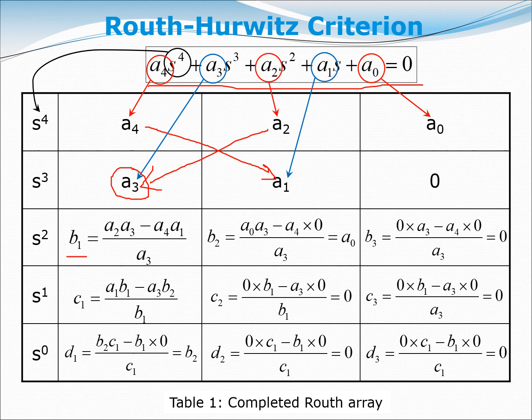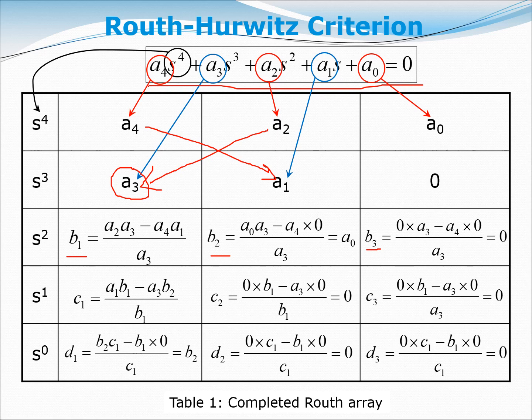Let's look at b2. For b2, a0 multiplied with a3 minus a4 multiplied with 0, and divided by a3. Please remember, divided by a3. Next, let's look at b3.